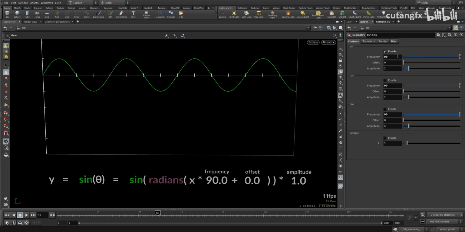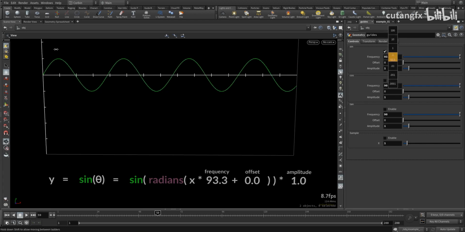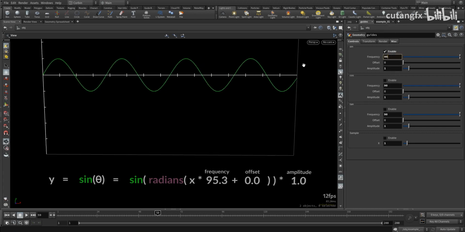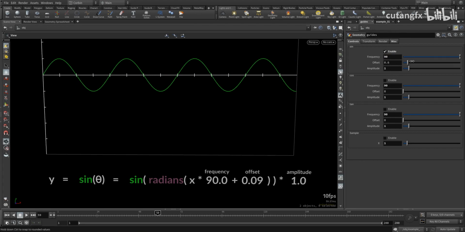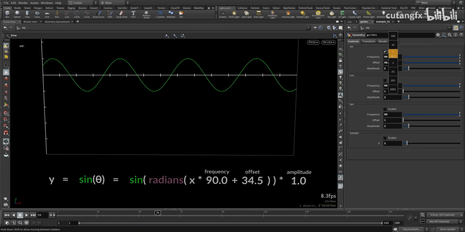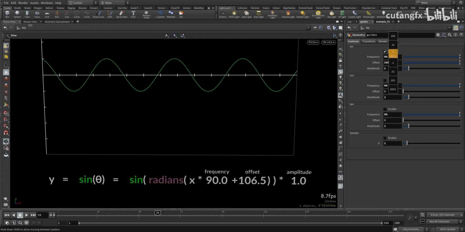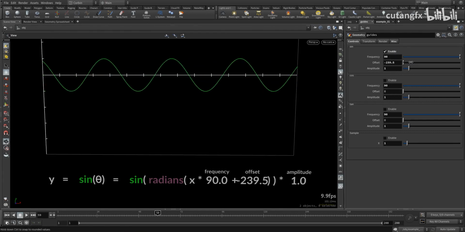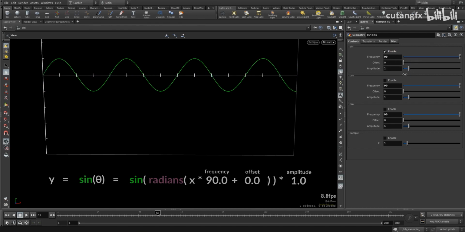So we can scale it up or down, and this is our frequency. And then our offset, like I said, is just a number that is going to essentially move the wave left or right because it's just changing per point where we're sampling this wave. So I can move it left or right.